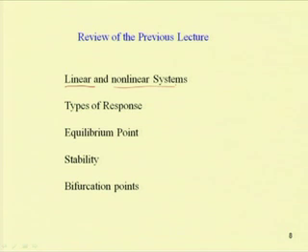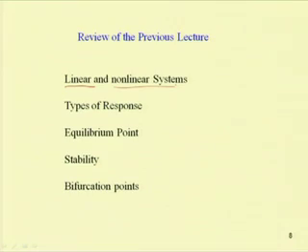In case of a nonlinear system, we can order the magnitude of the nonlinear terms by using the scaling parameter or bookkeeping parameter, and we have also discussed different types of response observed in nonlinear systems.